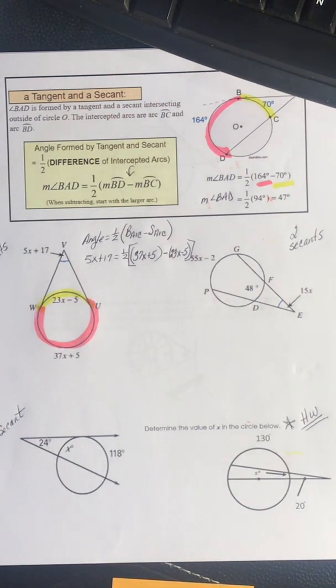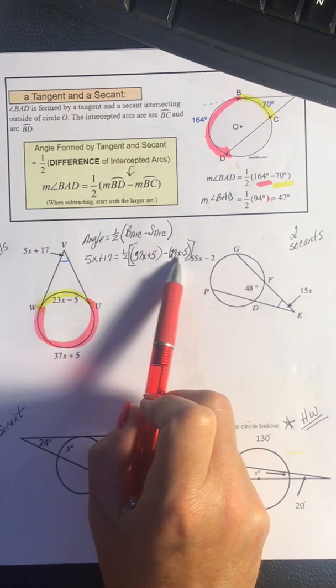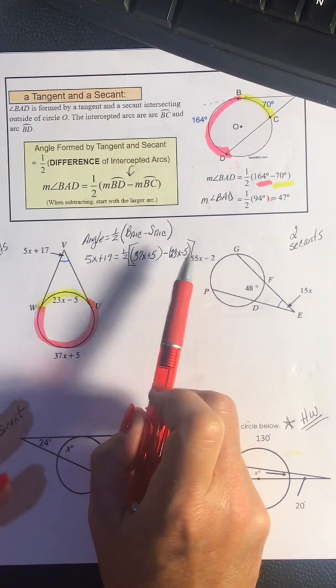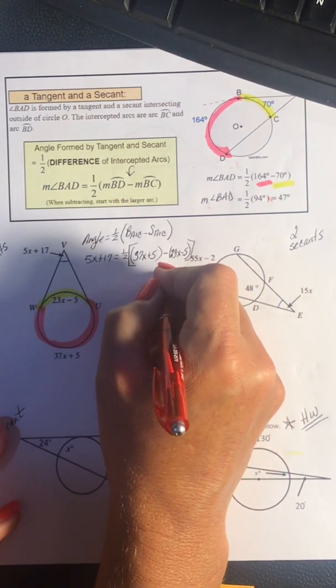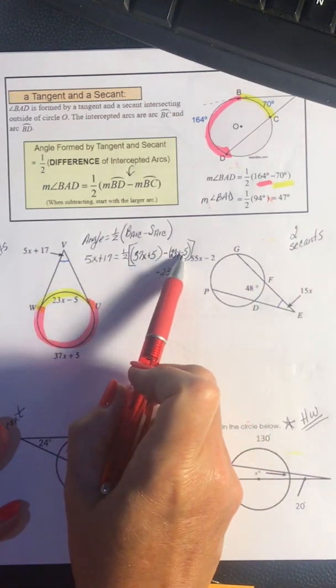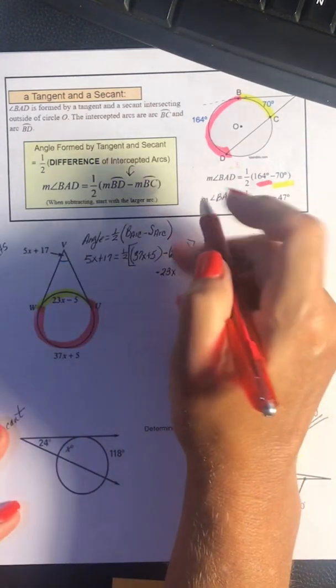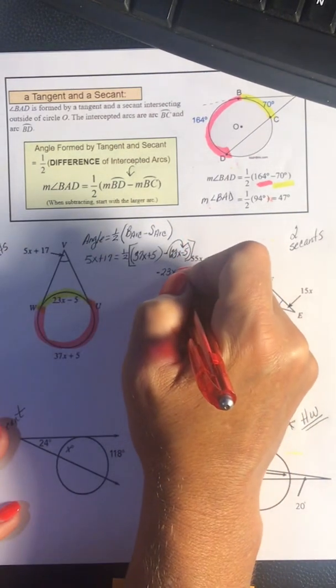Okay, now be very, very careful. This is subtracting, and it's subtracting both of these terms. So you're going to have a sign change because a negative and a positive is a negative 23x, and a negative is going to be a positive 5.